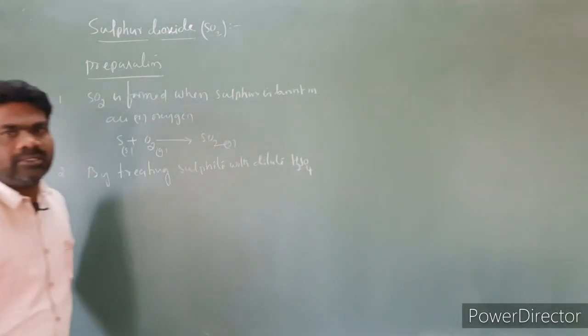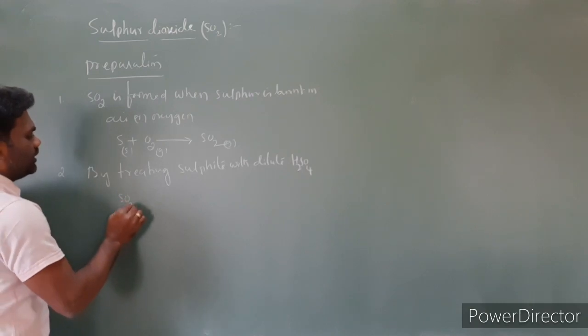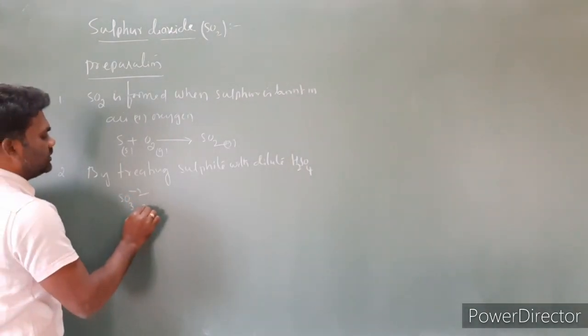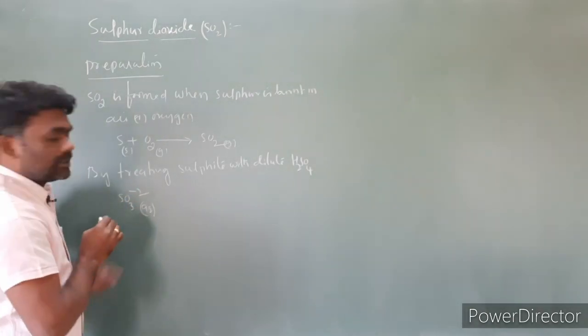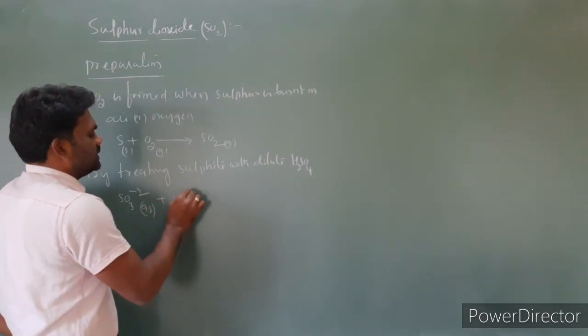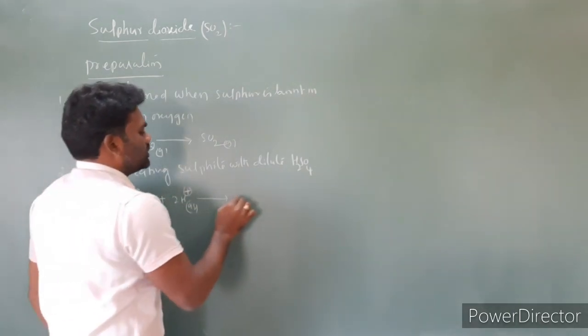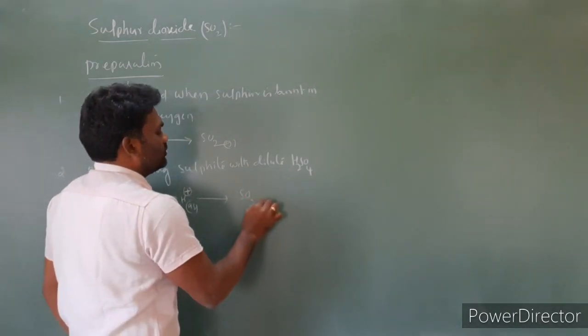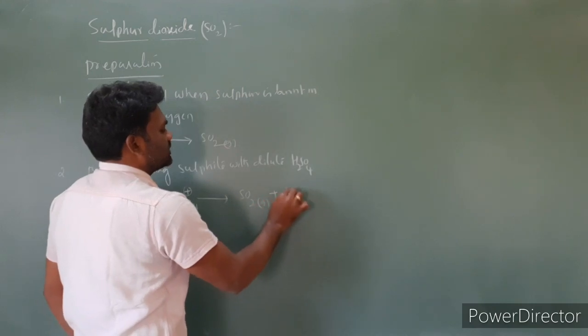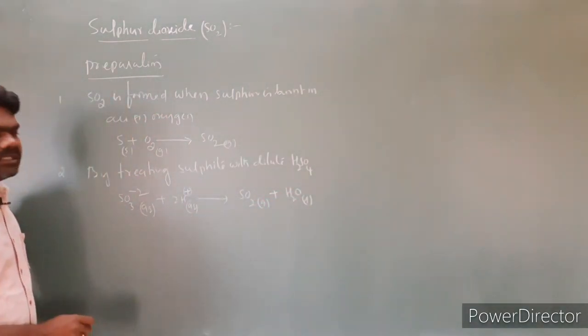Let us write the equation. SO3 2 minus, the sulfite ion in aqueous solution, plus 2H plus from sulfuric acid in aqueous solution, gives rise to SO2 gas plus H2O liquid. So this is the second one.